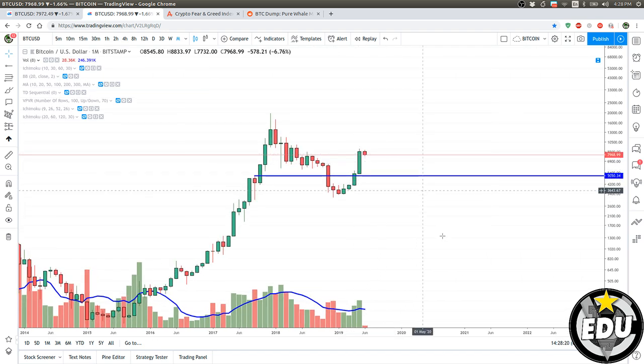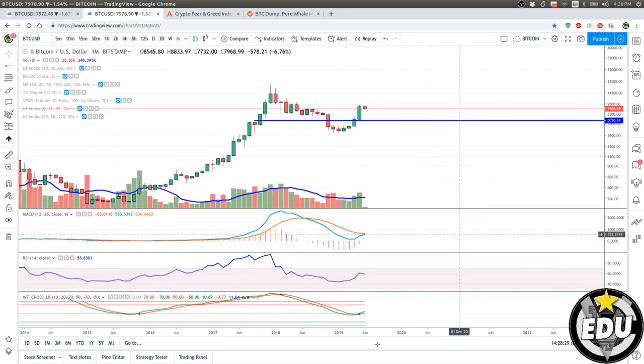Looks like three white soldiers pattern, and the red. Even if it drops half of the previous candle, it will still be bullish. It's been so long since I checked the monthly, man. I barely do. MACD didn't cross yet. But we have to wait a month in order to see this cross.